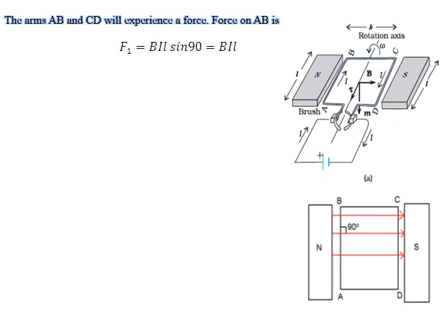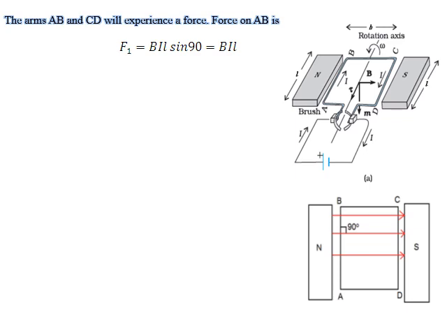and F1 is the force acting on AB. Since the angle made by the side AB is 90 degrees with the magnetic field, we will take sine theta as sine 90. So F1 is equal to BIL sine 90, and sine 90 is equal to 1. Therefore, F1 will be BIL.